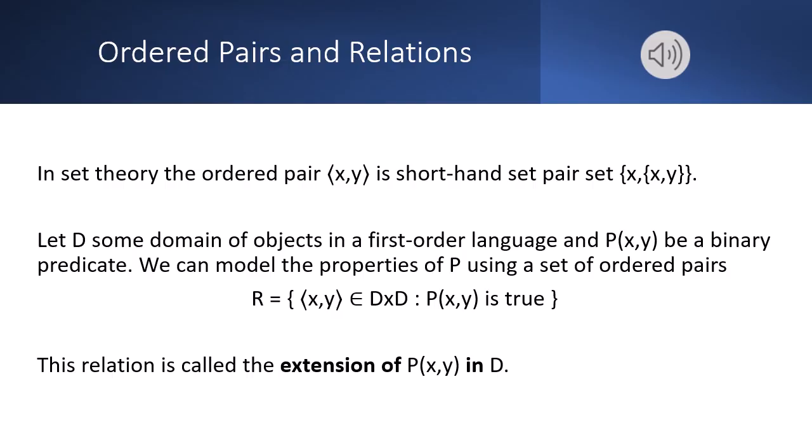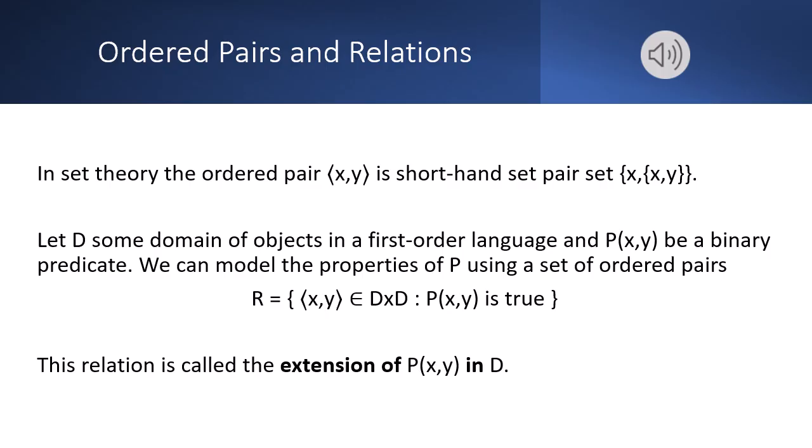This relation, which I've labeled with an R, turns out to be what we'll call the extension of our predicate in our domain of objects. In other words, in some sense, it's the set of objects in our domain that make the predicate true. We'll see a really nice example of this when we look at first order structure through the lens of Tarski's world.